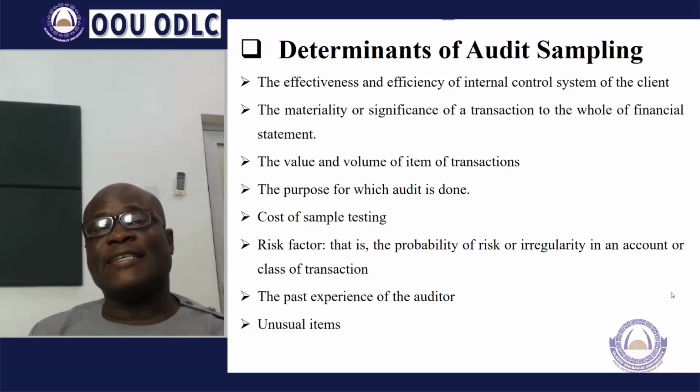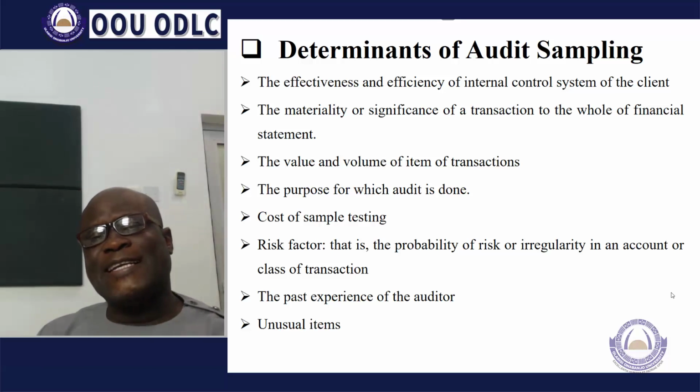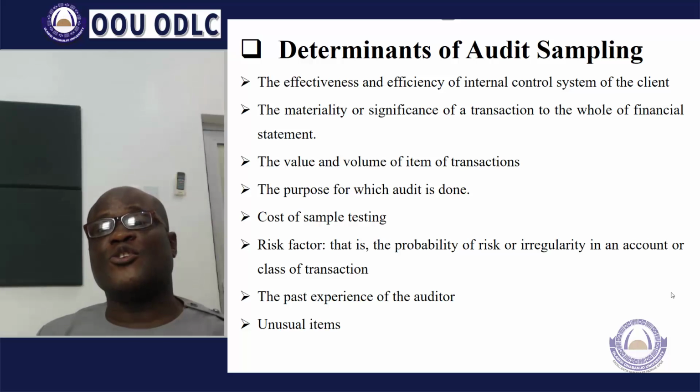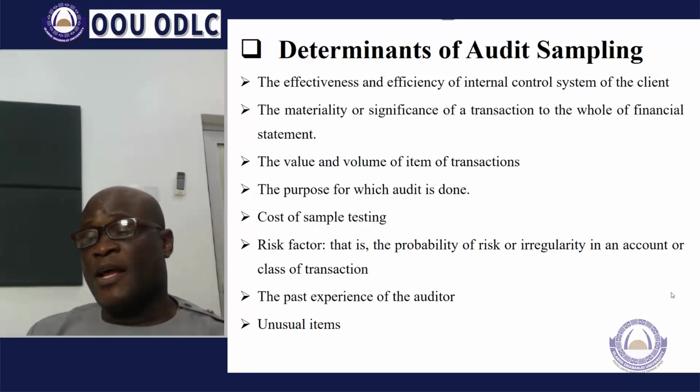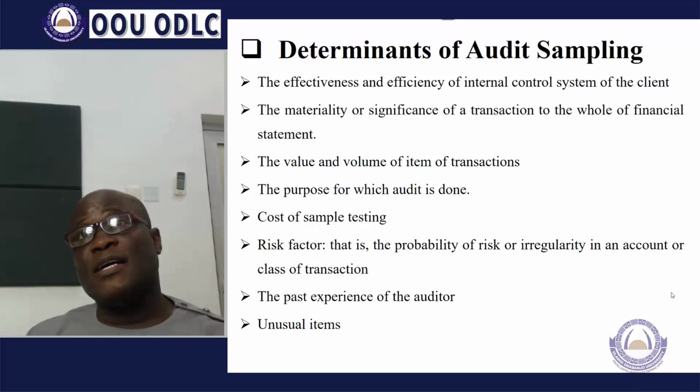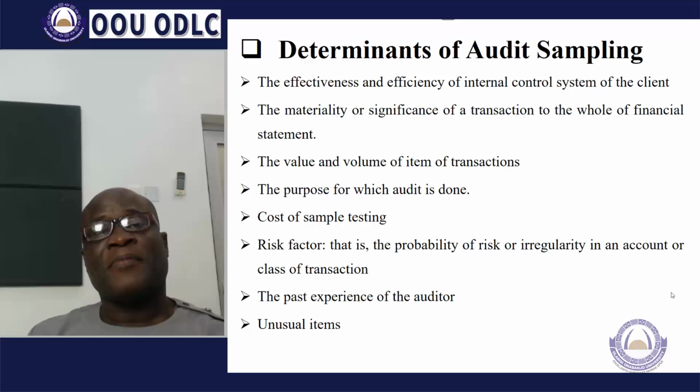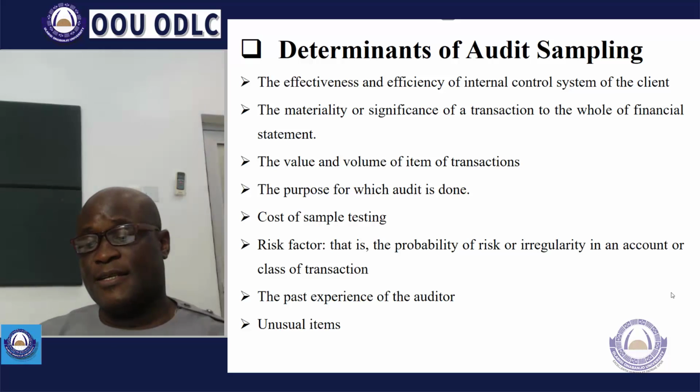Again, another one is the materiality or the significance of a transaction to the whole of the financial statements. I must quickly note that materiality is a big word in accounting and by extension in auditing. It is a relative term that is very important, especially in audits.